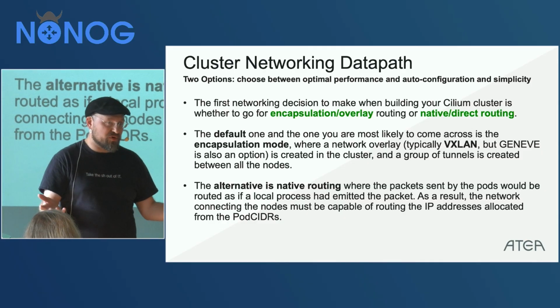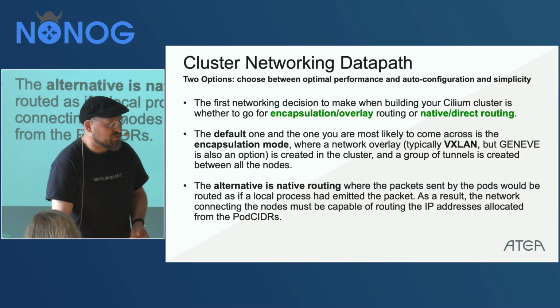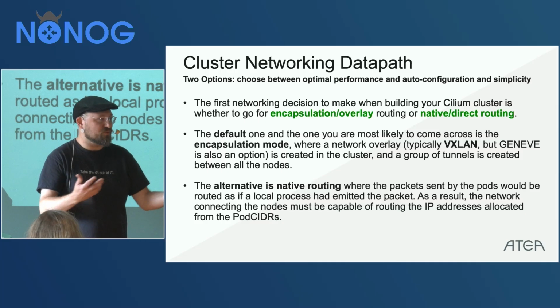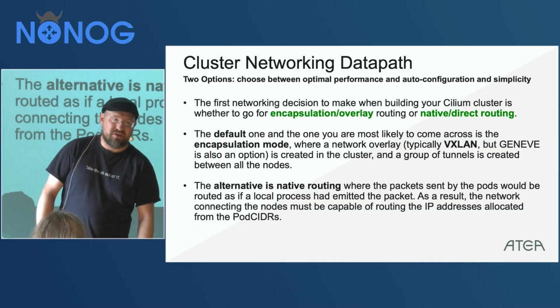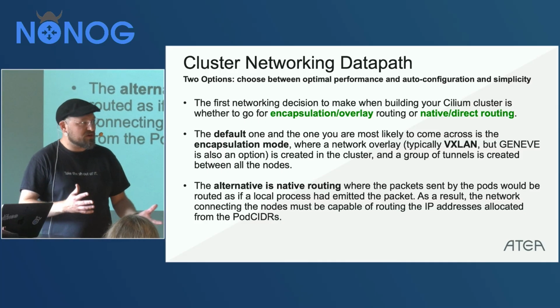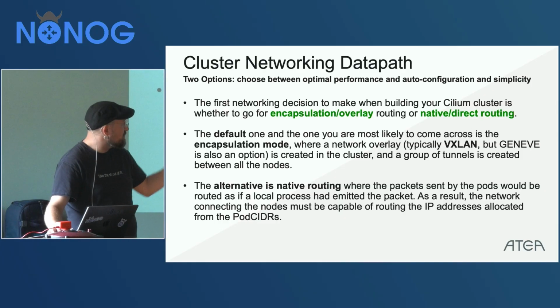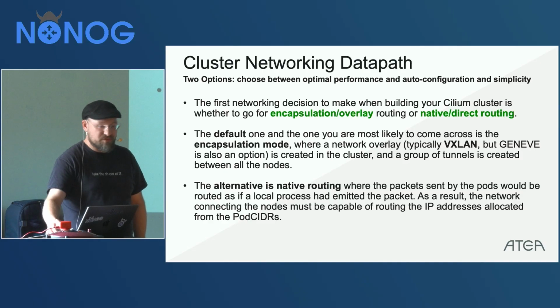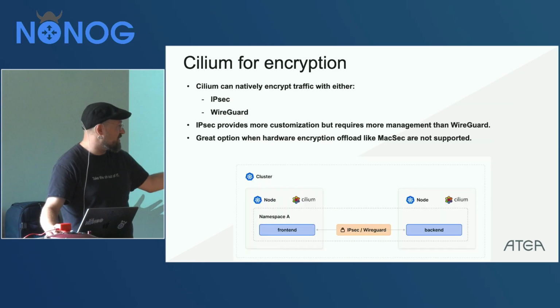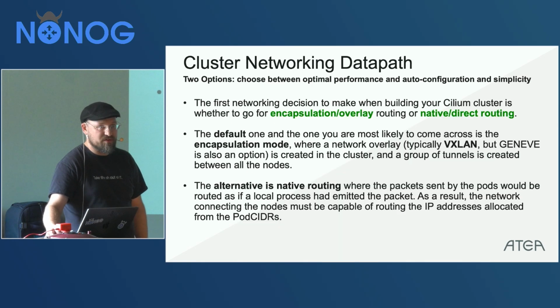So if you're building a private cloud, it shouldn't be a problem. But if you're interacting with public clouds, it might be a problem, so just be aware of that. You have the option to do encapsulation in VXLAN if you don't have the full end-to-end control, where it's neat that you have WireGuard and the VXLAN encapsulation done.